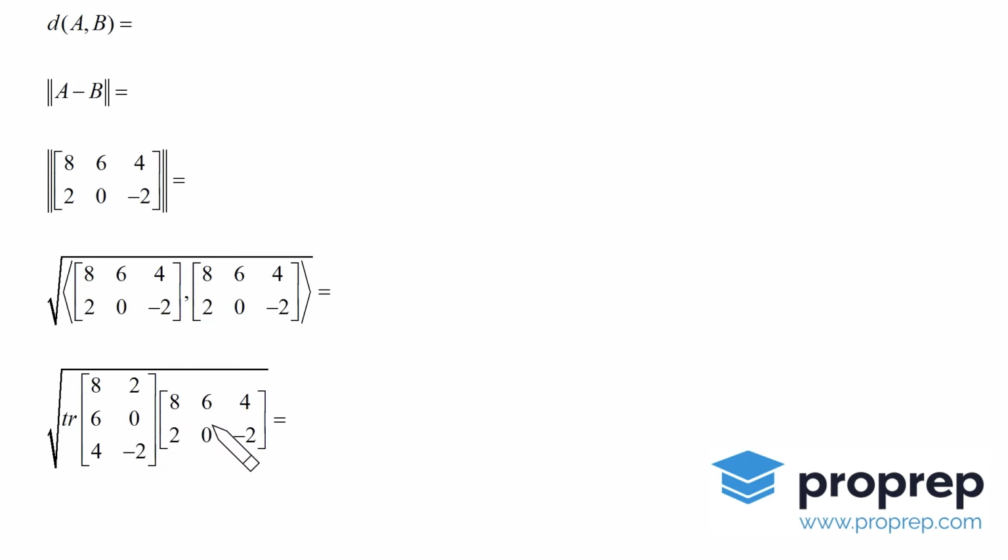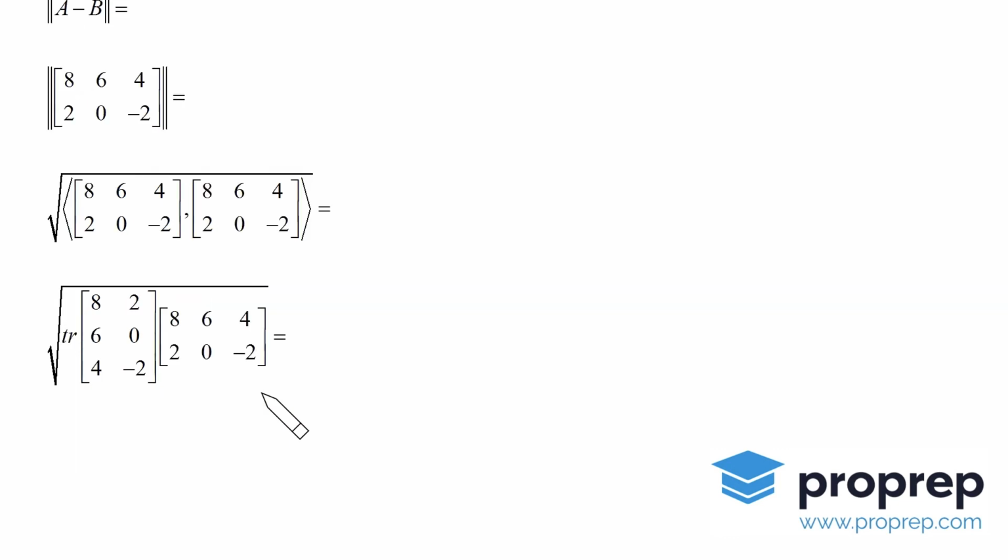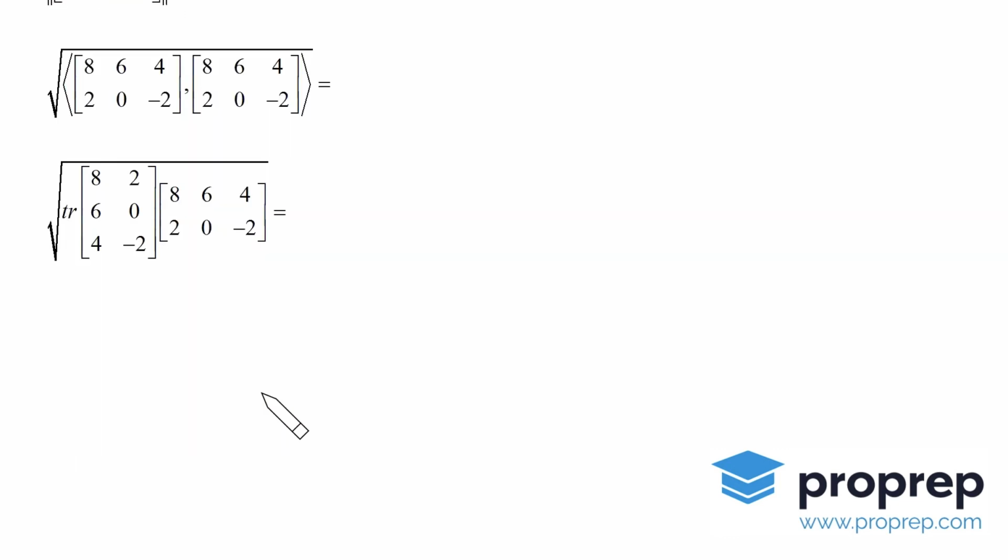Now, multiplying these two, we're going to get a 3 by 3 matrix, but we don't care about the whole matrix. We only care about the main diagonal, because we're going to take a trace. So I put asterisks, meaning don't care. We don't have to compute these. We just have to compute the diagonal.